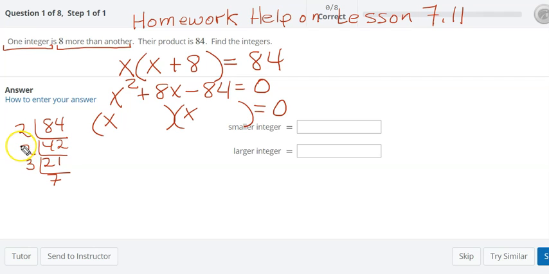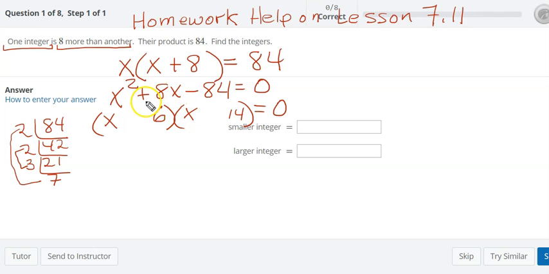Well, if I go 2 times 3 is 6, and 2 times 7 is 14. Yes, now the difference is 8.